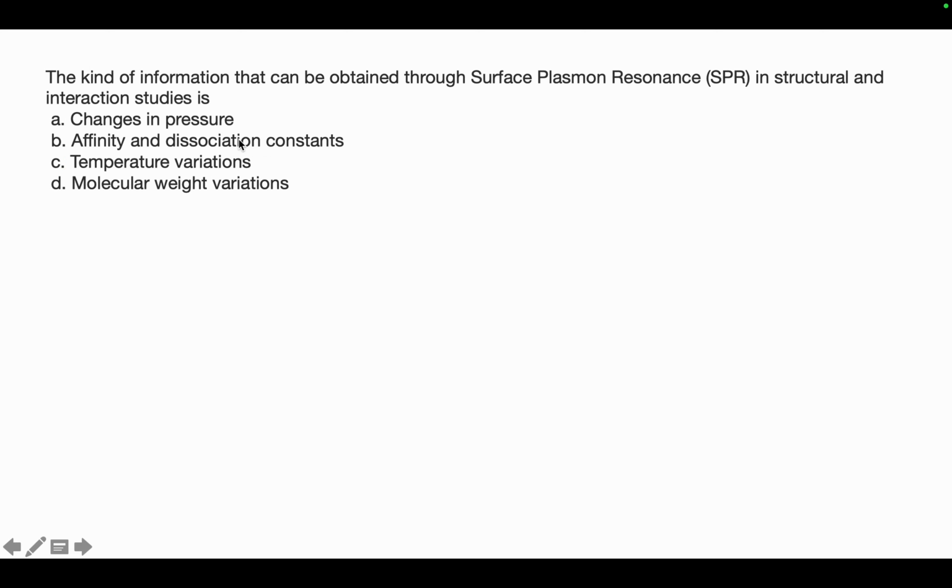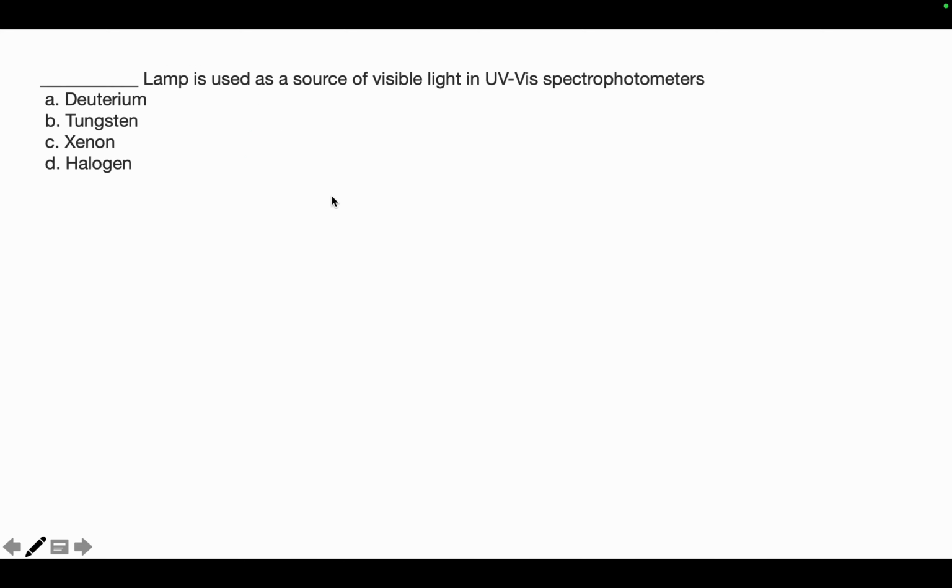The information that can be obtained through SPR in structural and interaction studies is affinity and dissociation constant. There we can't measure change in pressure, temperature and molecular weight variations.